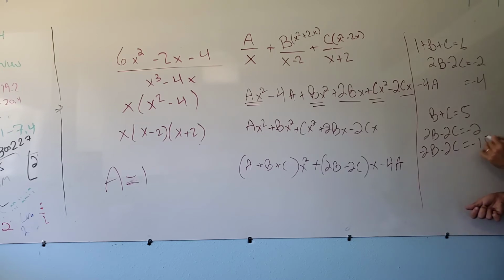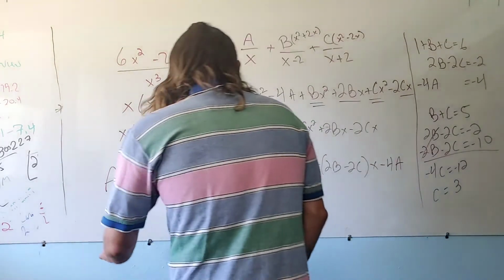And we'll do what Gauss taught us to do, cancel that out. We're left with negative 4c equals negative 12, which means that c is going to be equal to 3. A equals 1, c equals 3.